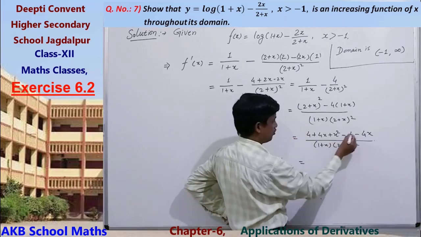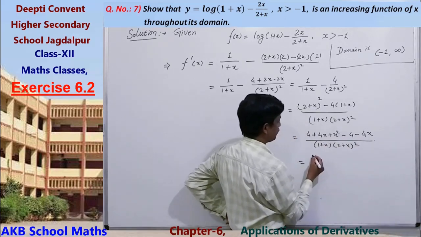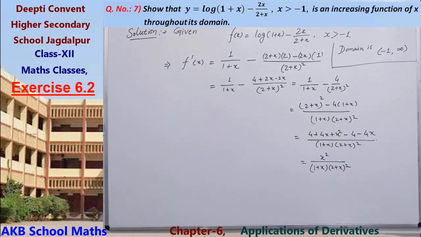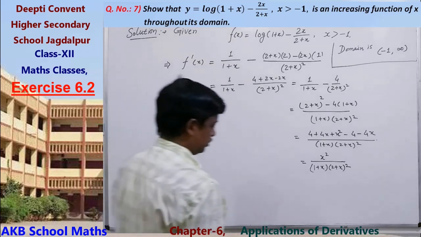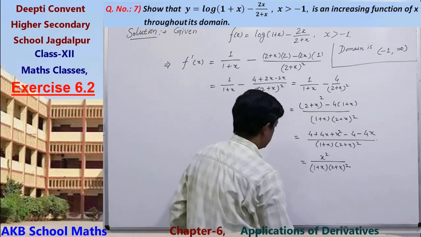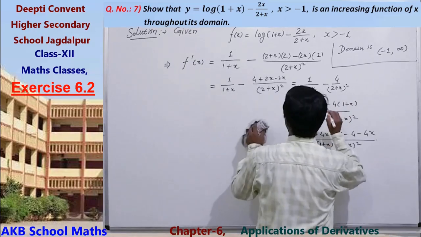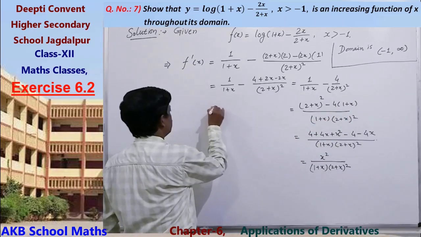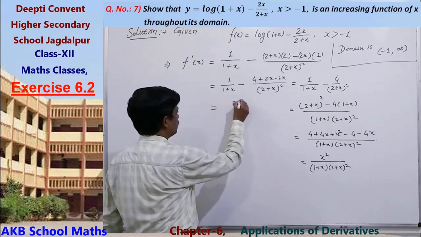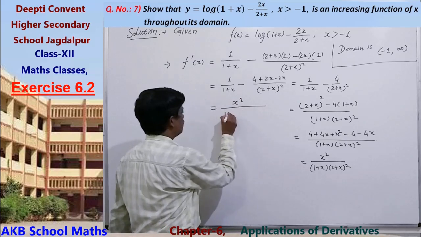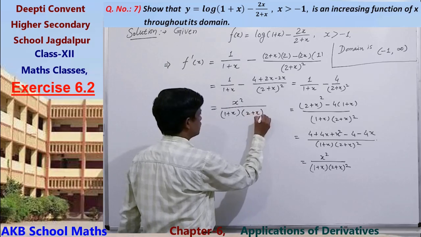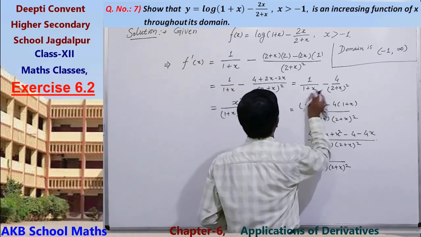The 4 cancels, 4x cancels, and x square remains. So finally the derivative is x square upon 1 plus x into 2 plus x square. Okay, this is our final derivative.